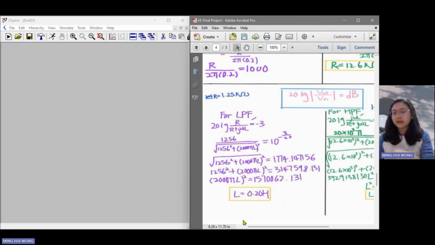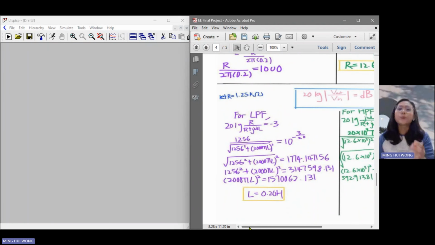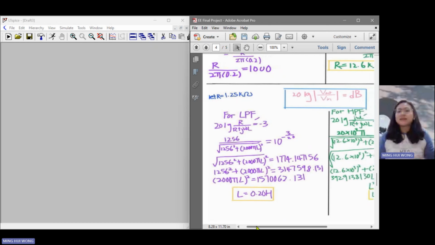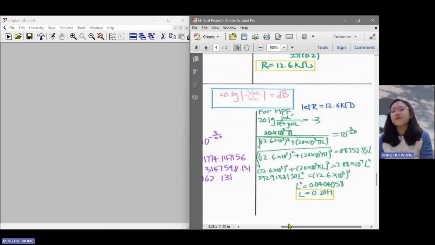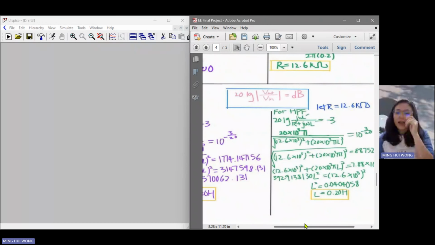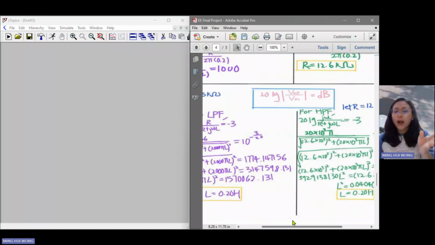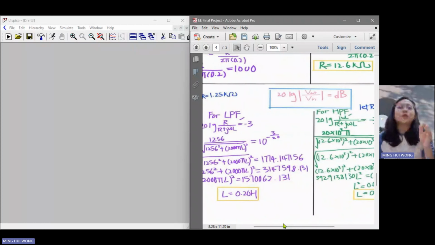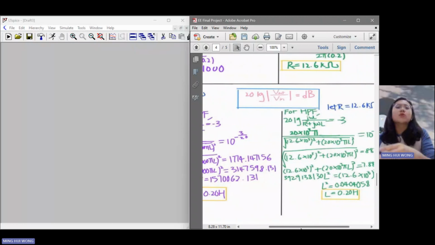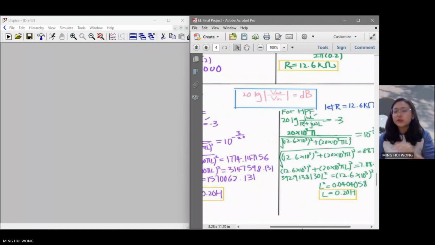These are the detailed calculations for the low pass filter, and these are the detailed calculations for the high pass filter. The value I get for L equals 0.2, and for the high pass also 0.2, so the formula I use is valid.